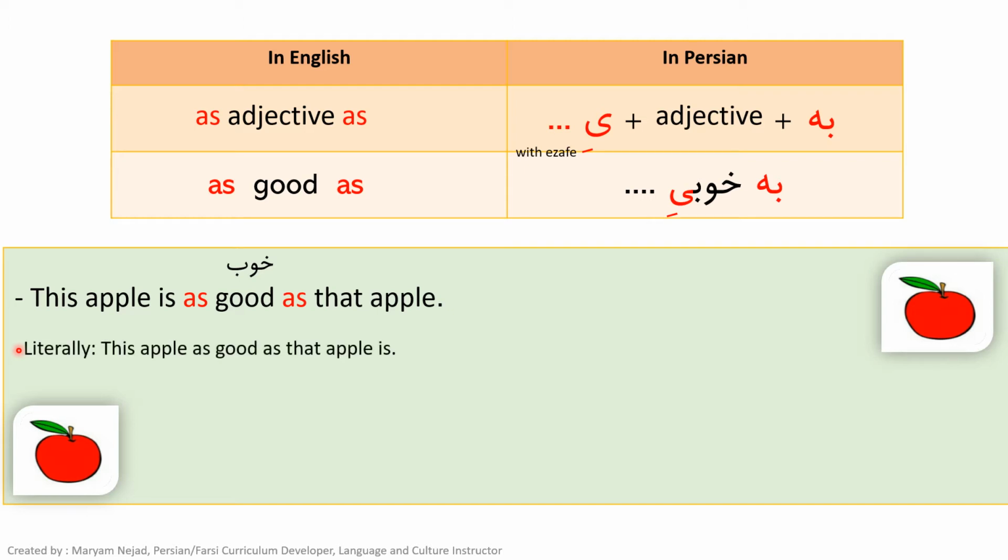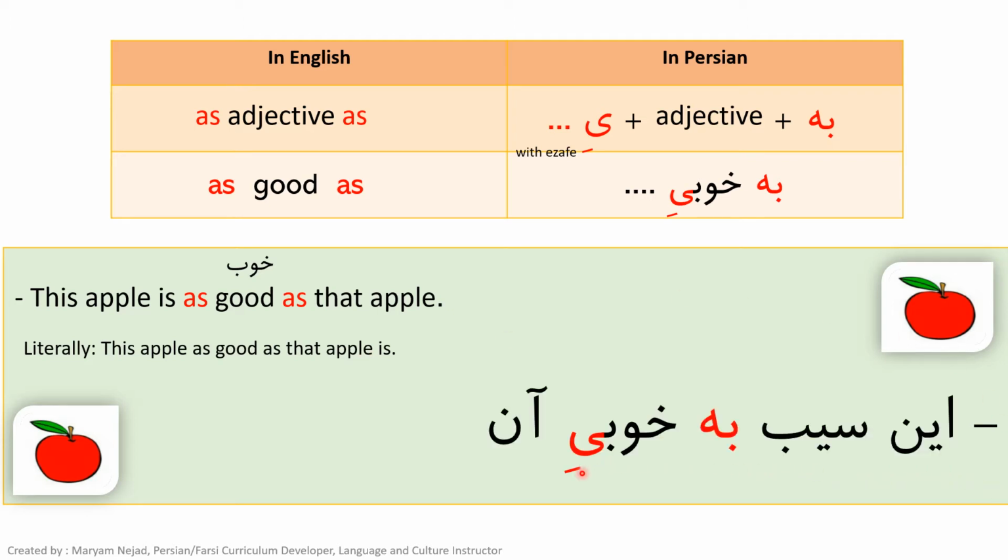We need to say something like this apple as good as that apple is. So the order is pretty much similar to English. All right, so this sentence is این سیب به خوبی آن سیب است. Again, remember, don't forget to connect the adjective to the second term with ezafe.